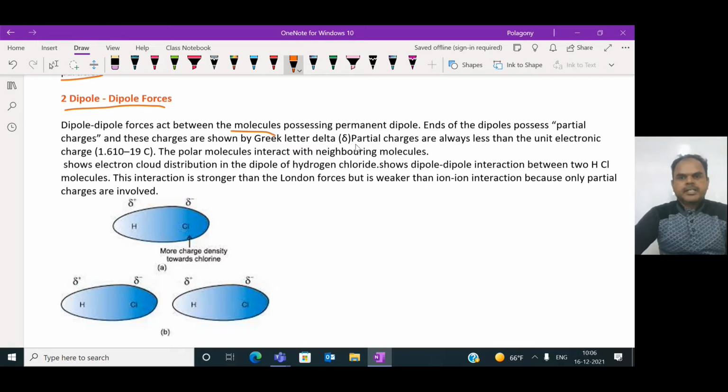molecules, they generate partial positive charges, which is less than the complete electronic charge.